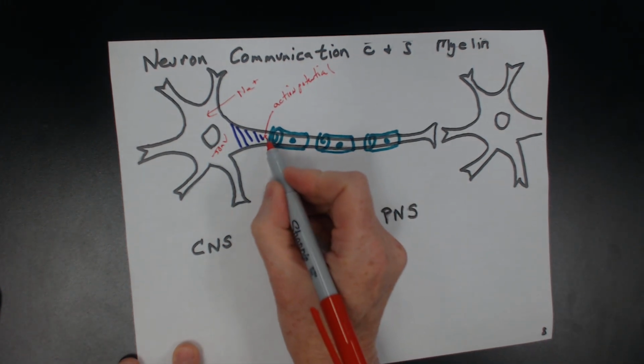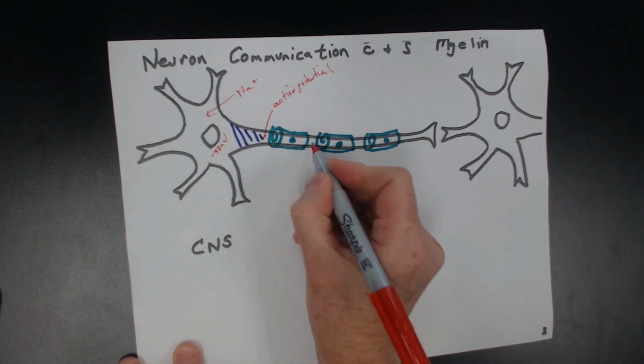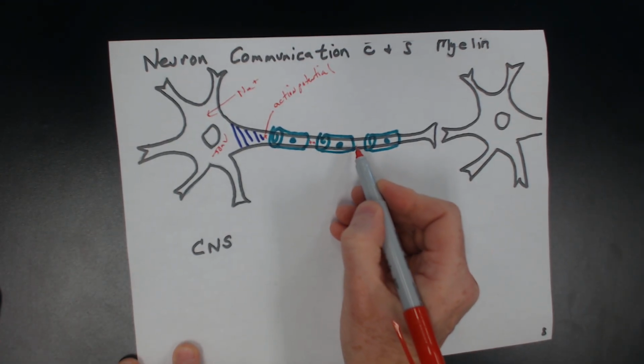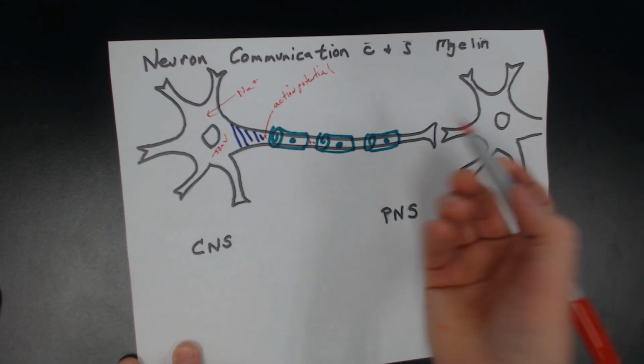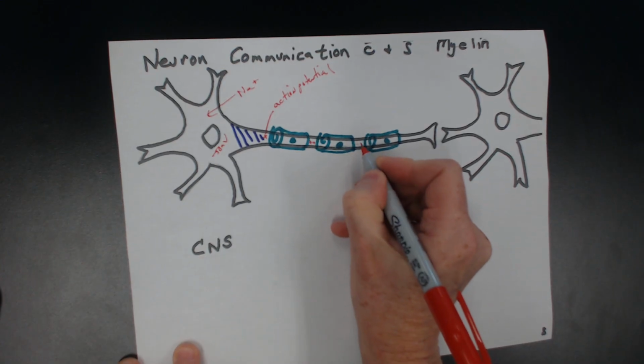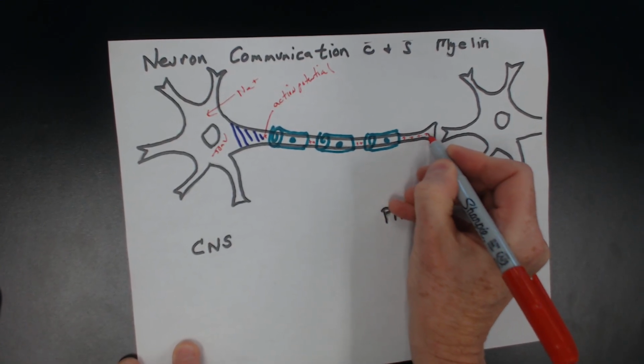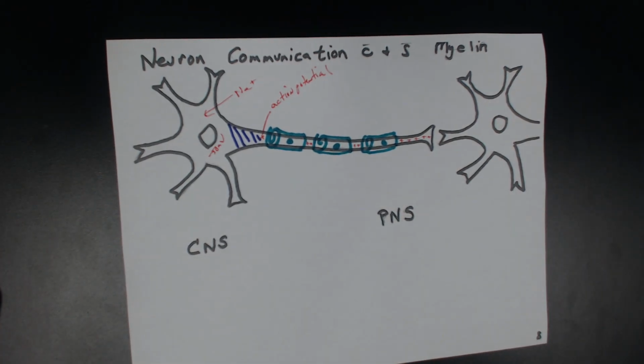So you have the action potential here, it skips over this, but then it appears here. It can skip that whole region because it's coated with myelin, the fatty sheath, and appears here. Okay, skips here. So you have an increase in the speed of propagation of that action potential down the axon.